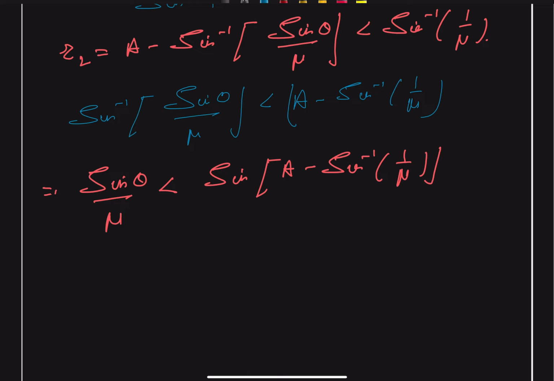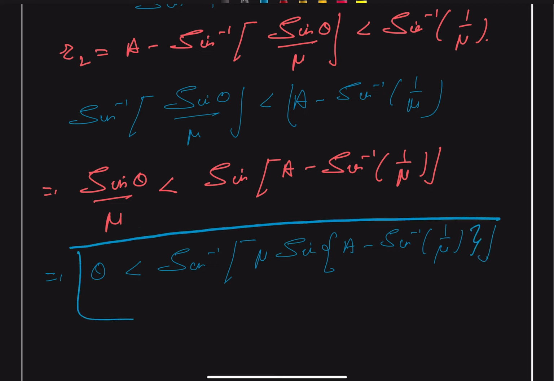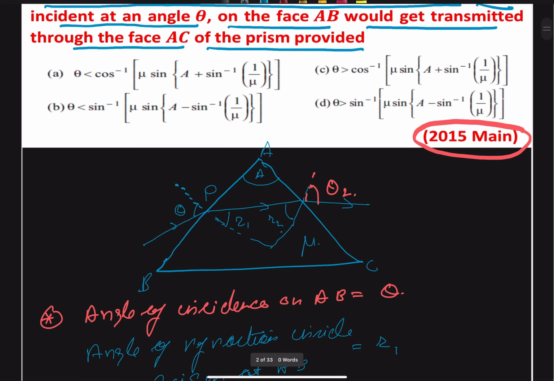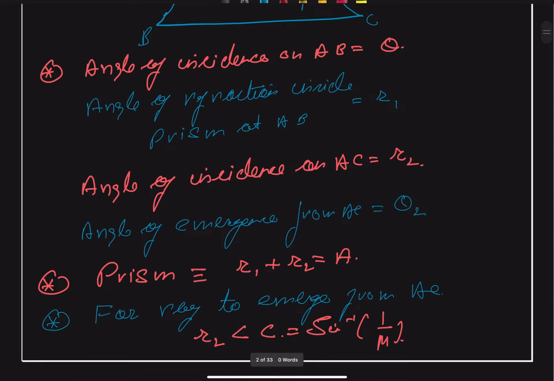Now mu is in multiplication, and therefore theta is less than sine inverse of mu sine of A minus sine inverse 1 upon mu, and all the brackets close. So this is our angle theta, and the correct option is option B.